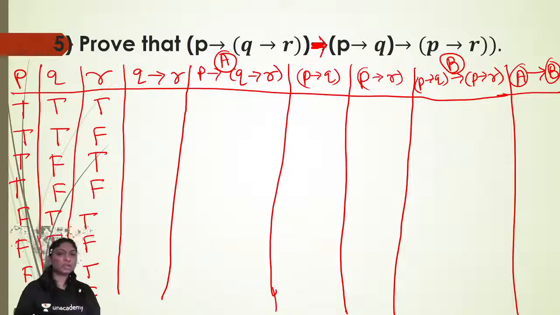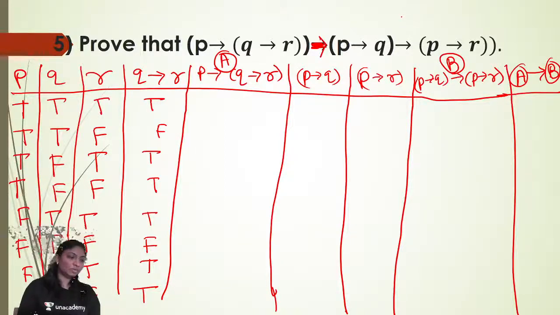Here Q implies R: T T T T F F, F T T F F F, T. First true, second false, then false. Here is T, false, T, T, right?